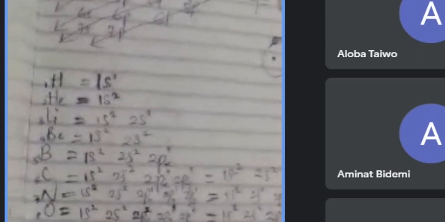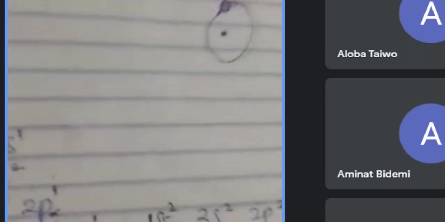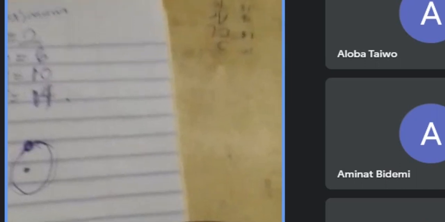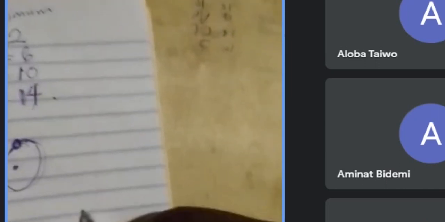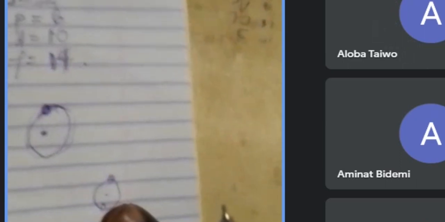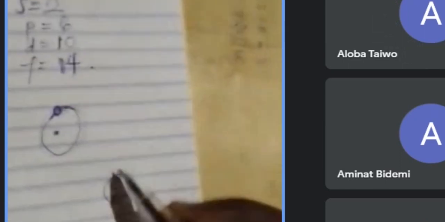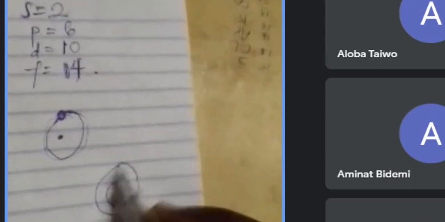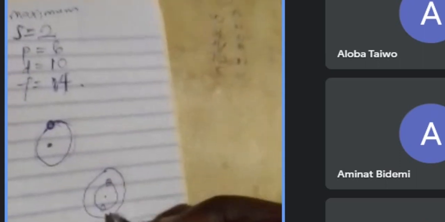Come to neon. Neon has the atomic number of 10. It ends in 2p6. So now that means it will have 2 shells. Let us write the shell configuration for neon. Atomic number of 10. The first shell takes a maximum of 2 electrons. The other shells take 8 electrons.